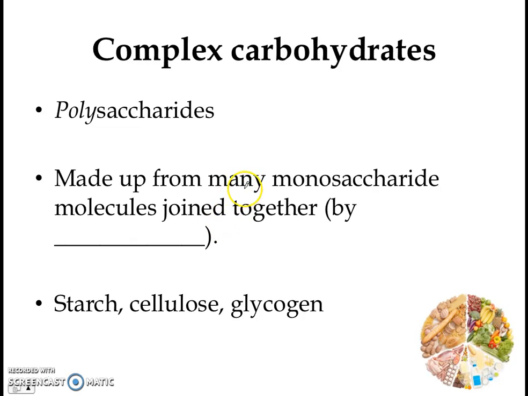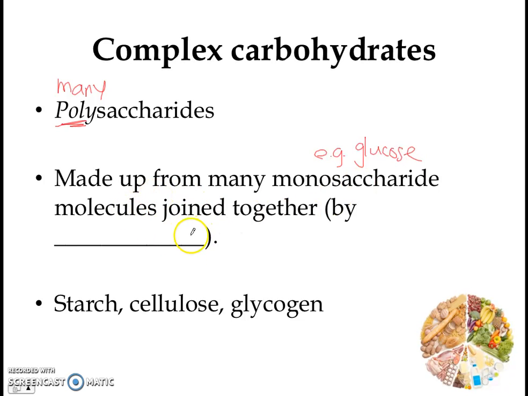So with that in mind, let's move on to the complex carbohydrates. This group of carbohydrates, we call them the polysaccharides. Poly meaning many, like your polytechnic, because they teach many different types of skills. Polysaccharides are made up of many monosaccharides, for example, glucose, which are joined together by what reaction?